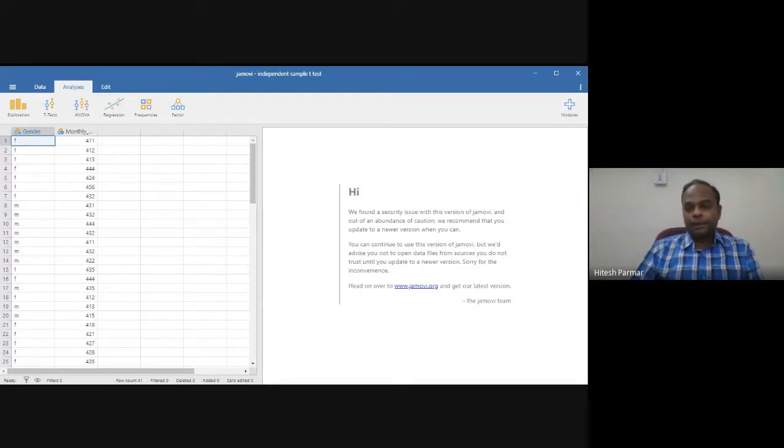Can you give me some examples where you would like to apply independent sample t-test? We require two variables. One variable is a dichotomous variable. It can be maybe gender or two categories of occupation, two cities, two states, like this. And the second variable is either an interval or ratio scale variable.